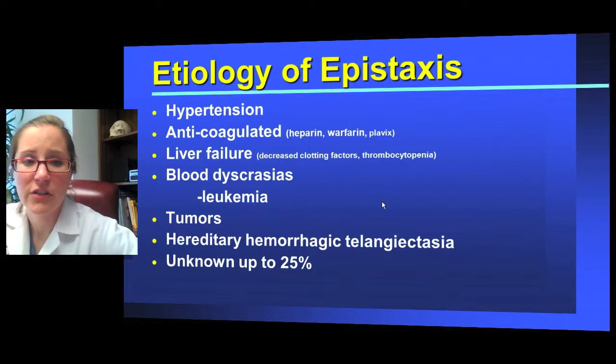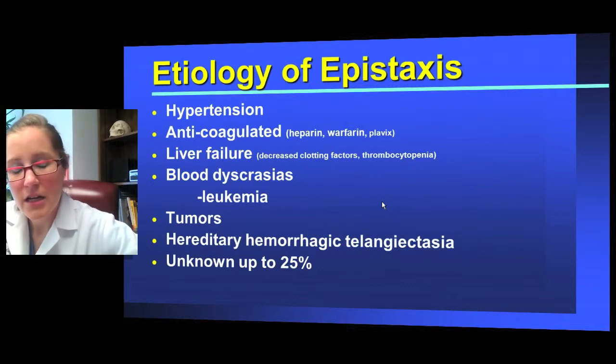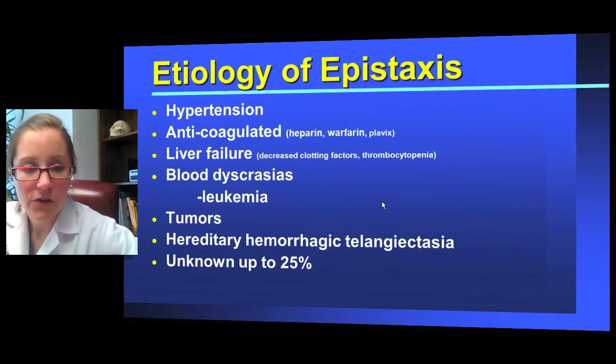Blood dyscrasias, including leukemia, similarly can lead to poor functioning platelets or decreased number of platelets. Any kind of nasal or sinus tumors can also cause epistaxis. There are certain hereditary diseases, also known as hereditary hemorrhagic telangiectasia, or HHT.